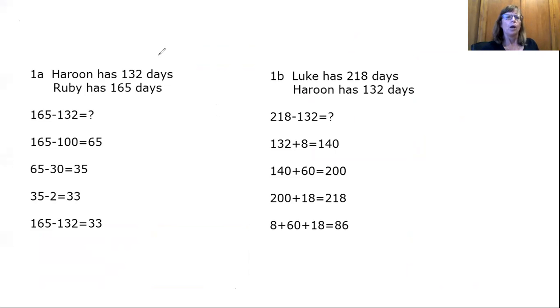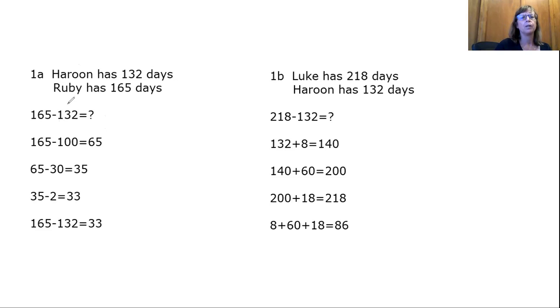Okay, Arun has 132 days and Ruby has 165 days. What is the difference in those two numbers? So here's our number sentence, 165 minus 132, and we need to find out what that difference is. So the first step is to take our hundreds from the 132, and we take that away from 165, and we get 65 remaining.